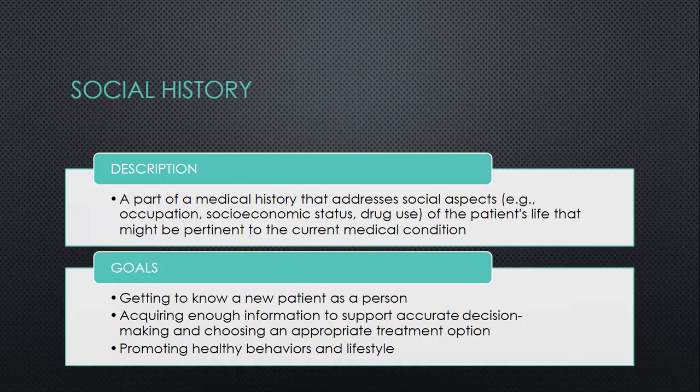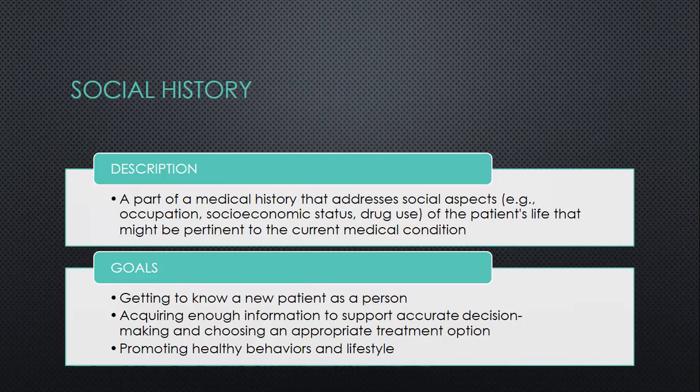We're going on to the social history. It is actually a part of medical history that addresses social aspects. For example, occupation, socioeconomic status, drug use of the patient's life that might be pertinent to current medical condition.